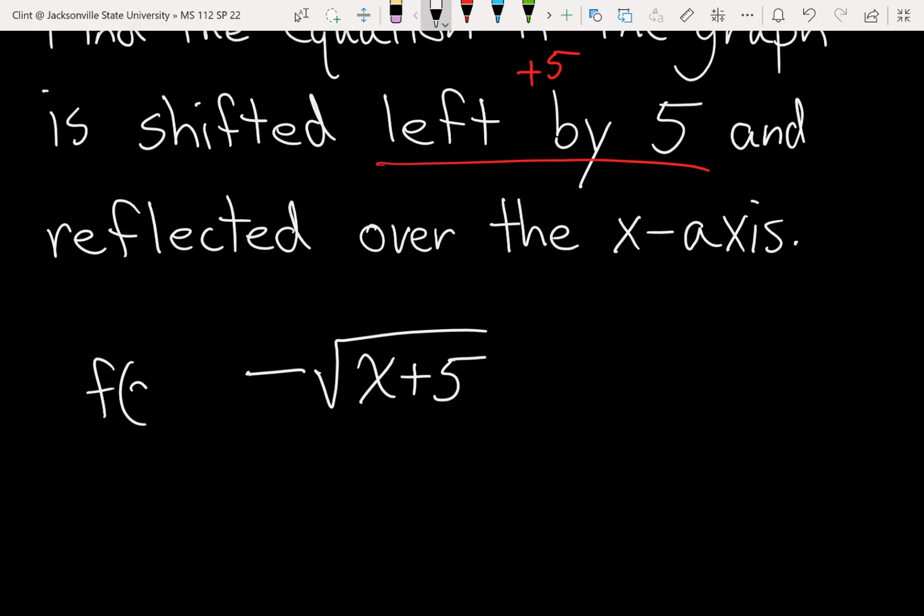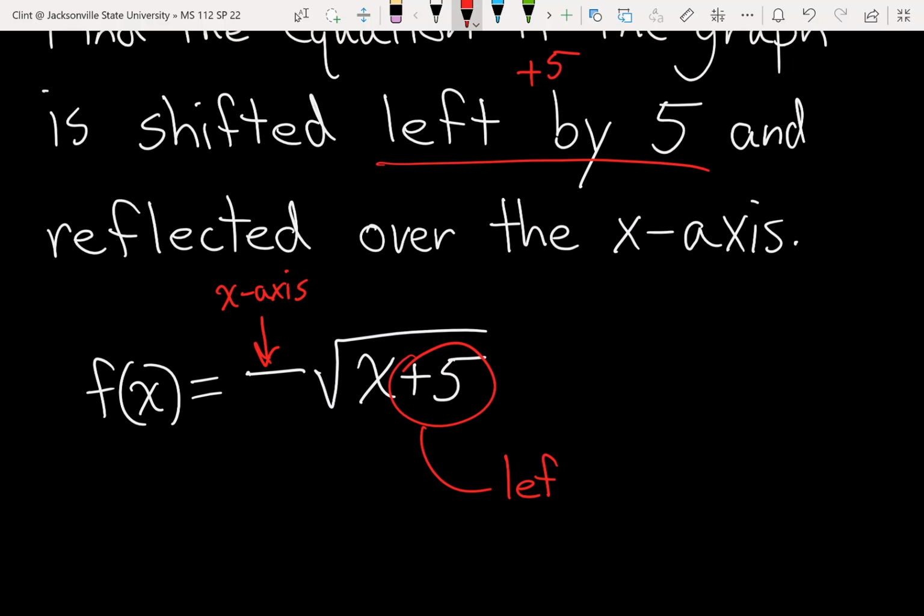That would be our function there. So this is x-axis reflection. And then this +5 that's inside would be left 5. I want to be able to go both ways on that.